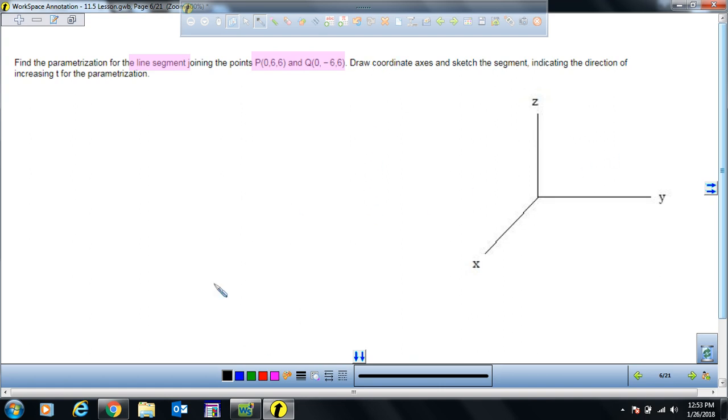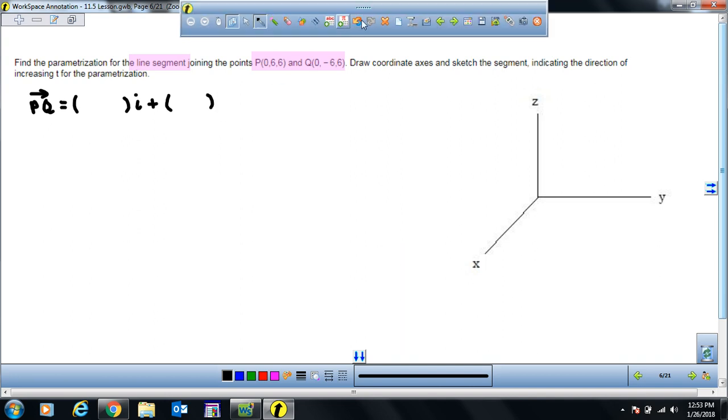So, first of all, we need to find the vector that contains those two points, vector PQ, from P to Q. So we're going to subtract the x components to get the i component, subtract the y components to get the j component, and subtract the z components to get my k component.